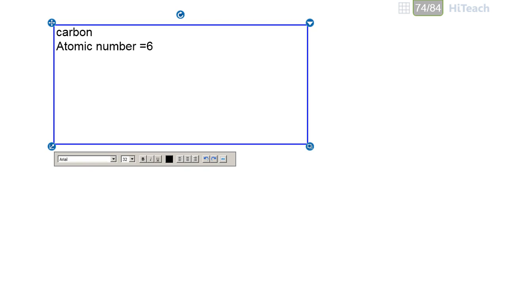I'll give you another example. The other example, I want to talk about the element called chlorine. The atomic number of chlorine equals 17, which means it has 17 protons.